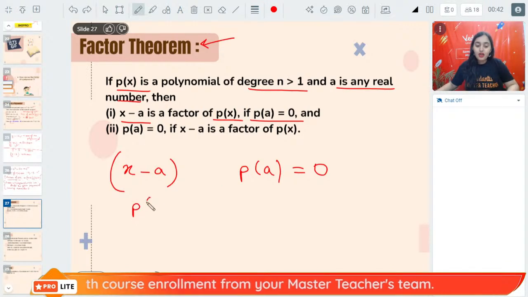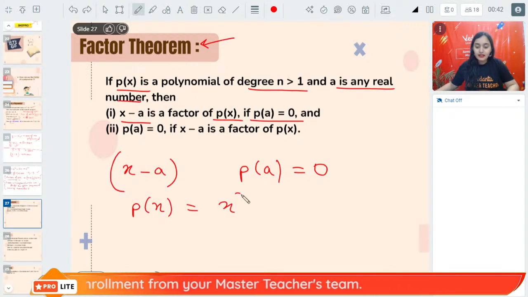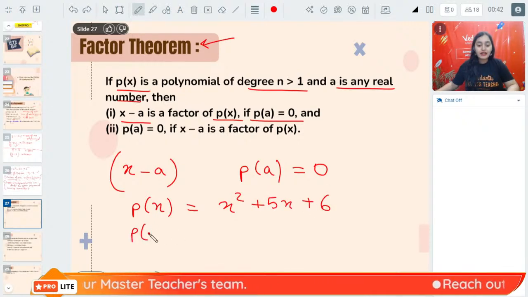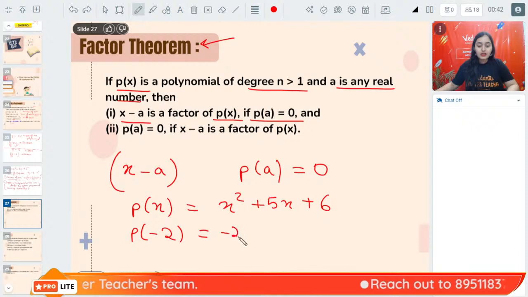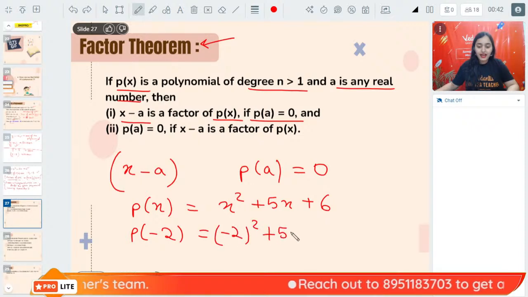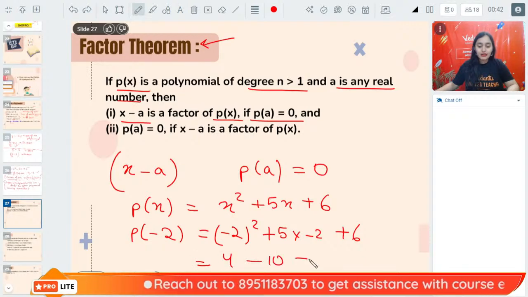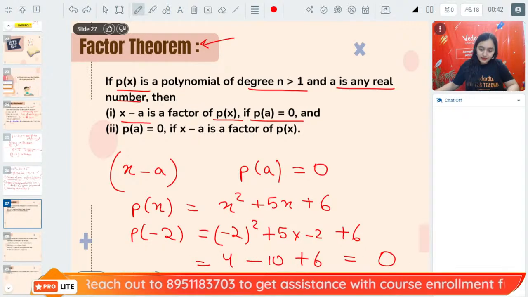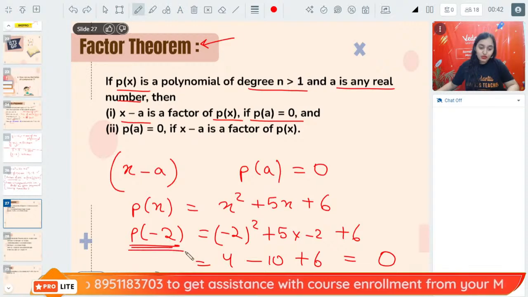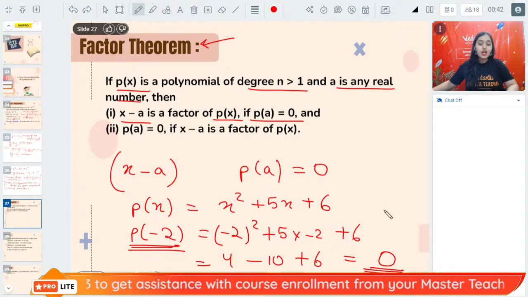For example, just now we did in the previous question. Suppose my polynomial px is x square plus 5x plus 6. Let us put the value of p minus 2. So it is minus 2 whole square plus 5 into minus 2 plus 6. So this is 4 minus 10 plus 6, which is equal to 0. So p minus 2 is basically 0.